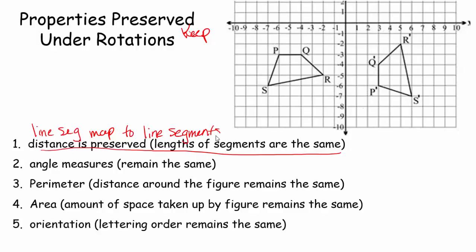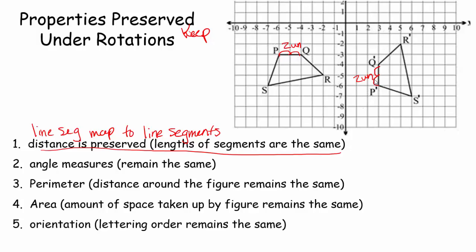Look at PQ up here. 2 units is the length of PQ. Look at P prime to Q prime. 2 units. The line segments do map to the line segments because those are corresponding parts. They're rigid motions.